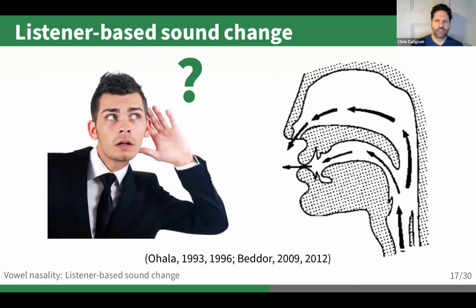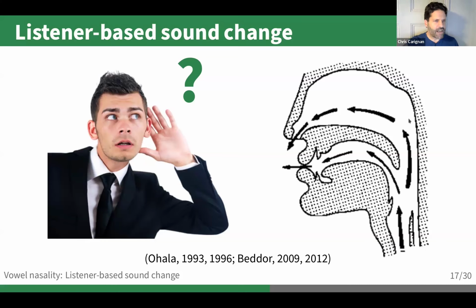So this points to what I talked about at the beginning, speaker-based sound change versus listener-based sound change. There is a muscular connection between the velum and the tongue, but it's not very strong. That sort of relationship has been argued against for decades.